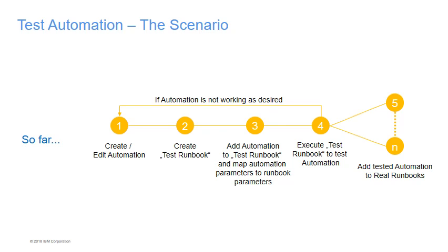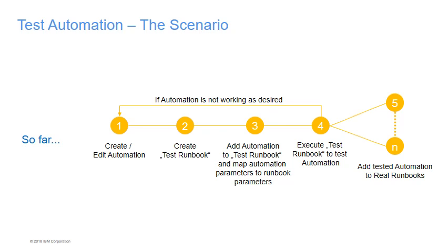So far, it was only possible to test a newly developed or changed automation by creating a runbook as testbed, adding the automation to a step of this runbook, mapping all automation parameters either to fixed values or creating new runbook parameters, executing the runbook, and within the step also running the automation to see if this is working or not.